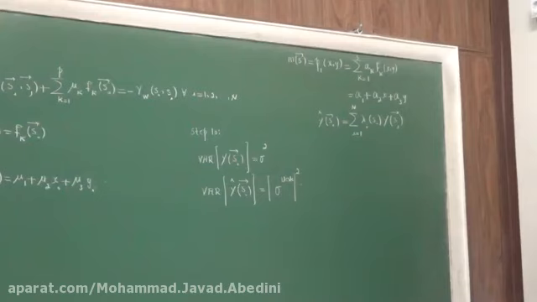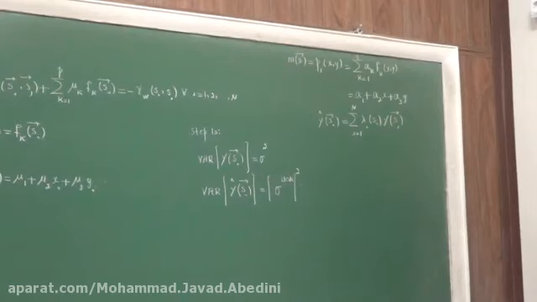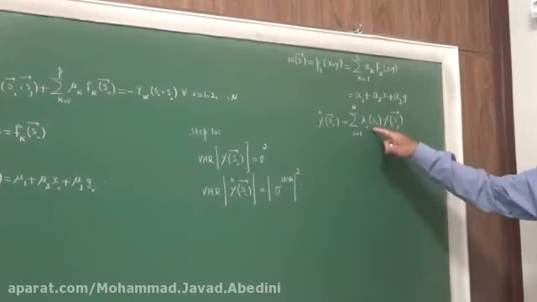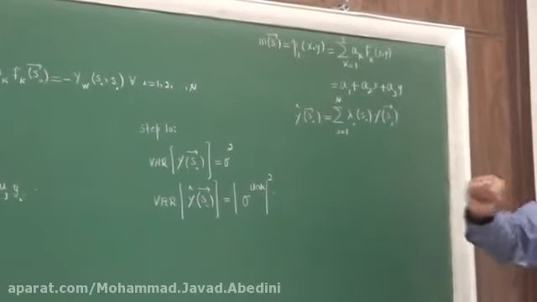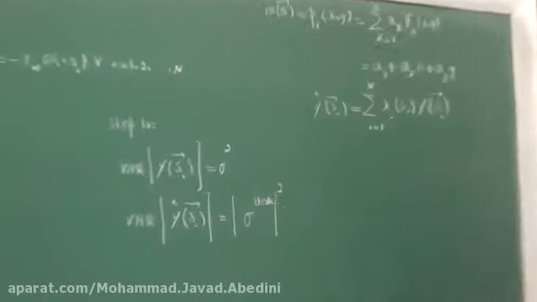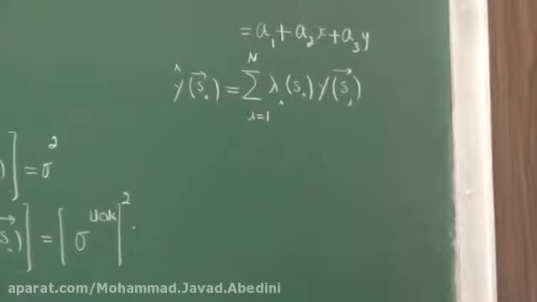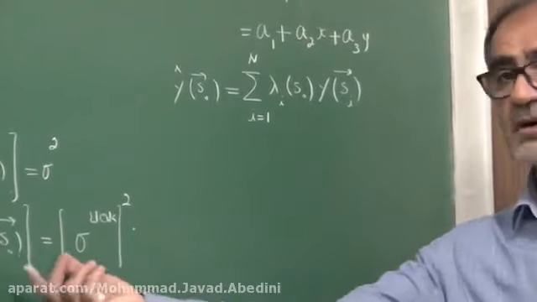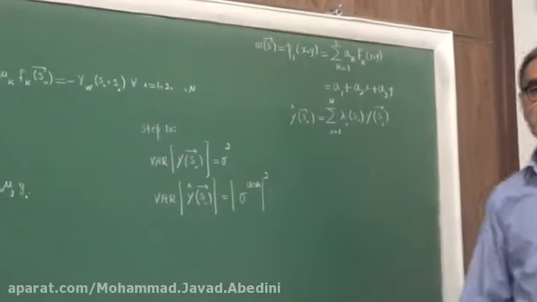This linear combination is admissible if the summation of this coefficient is 0. If this summation is 0, then you can go ahead and compute variance of this linear combination. If this summation of lambda i is not equal to 0, then you can't continue computing variance of estimated value.